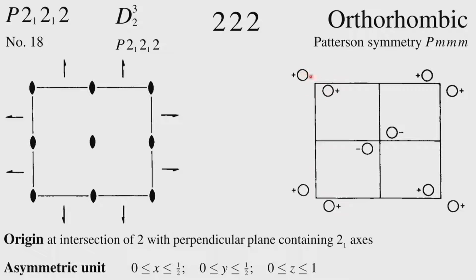This will be a two-fold rotation and this will be a two-fold rotation, and so on. You notice that the 2-1 screw operation, which is 1/4 removed from here, will not generate any half positions here, because we are looking at the projection diagram down the two-fold axis.